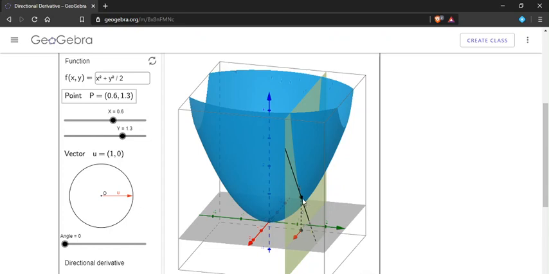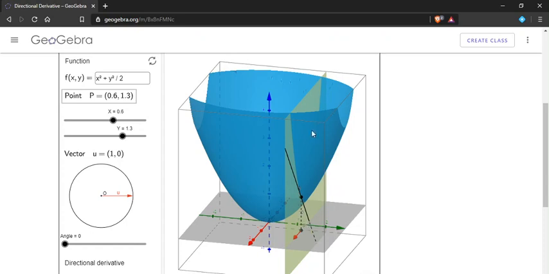This is a point on any area of the surface. This line is the tangent line, which represents the derivative of the function at this point on the surface. And the plane, this light green plane, is the plane that is formed by this line and is cutting a section all across this surface.